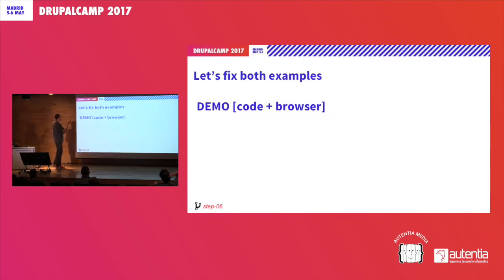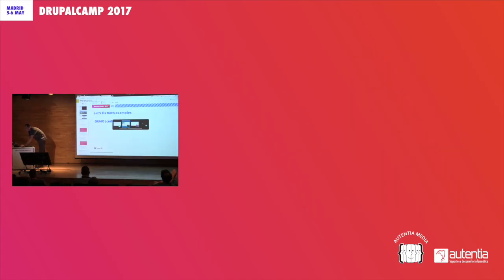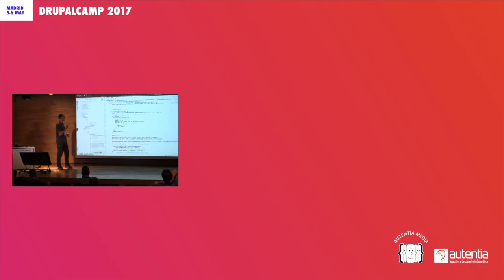OK, so let's fix both problems. We have the user problem and the related nodes. OK, this is the related nodes. If you remember, we had an empty array here that was going to be cached.